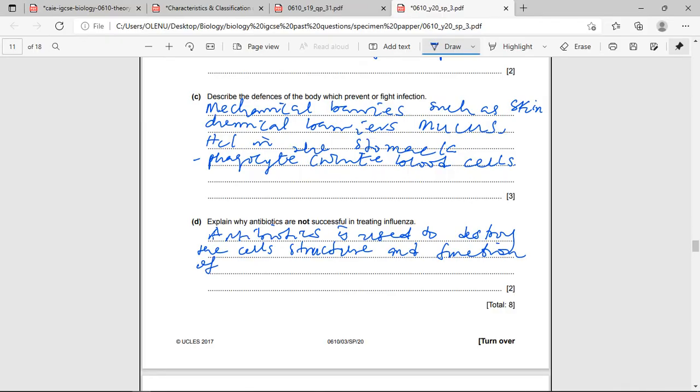So you find out that a virus is non-living and it does not have a cell wall.